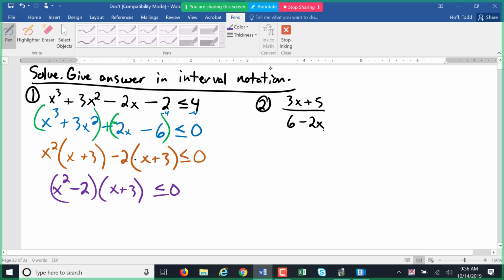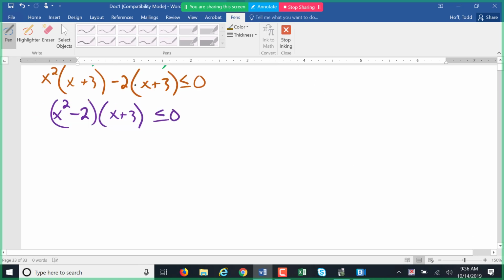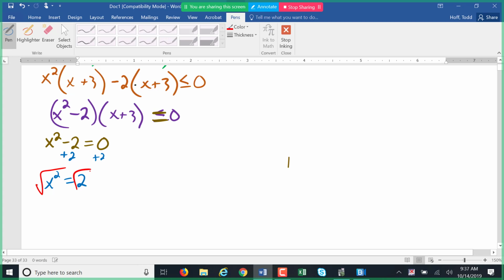So we solve each of these pieces. Now this one here being x squared minus 2, of course, we're going to solve it as equals 0 for now. As I solve that, I would add 2, and so x squared equals 2, and then I would square root to get that x equals the positive or negative square root of 2.